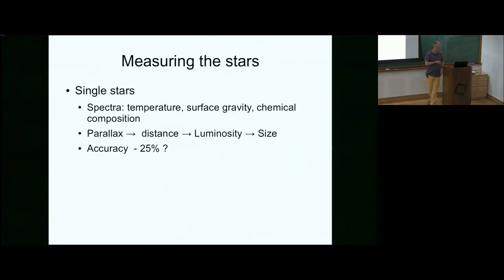So here come the binary stars, and with binary stars there are many more things that you can measure. If you start with a binary, the easiest object to be recognized as a binary is the so-called visual binary.